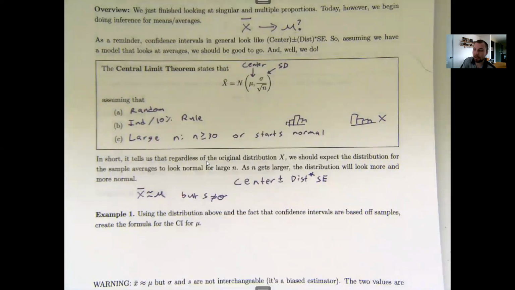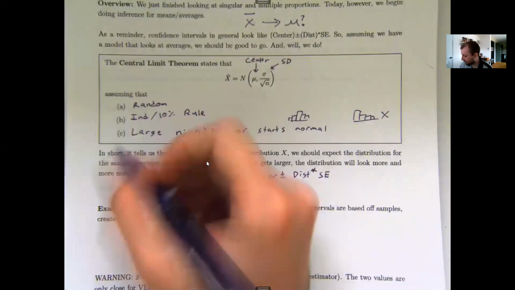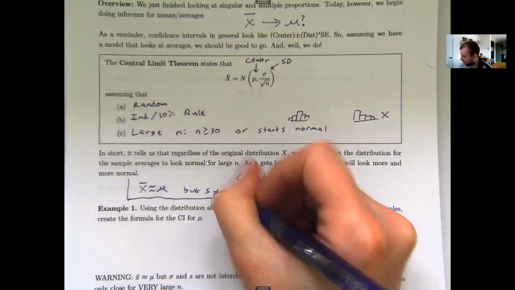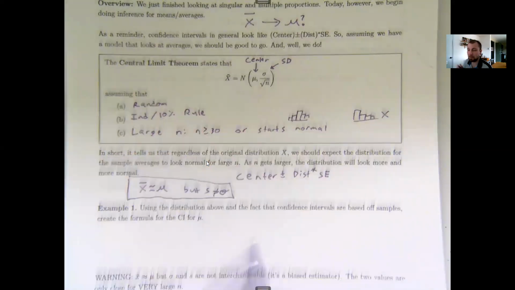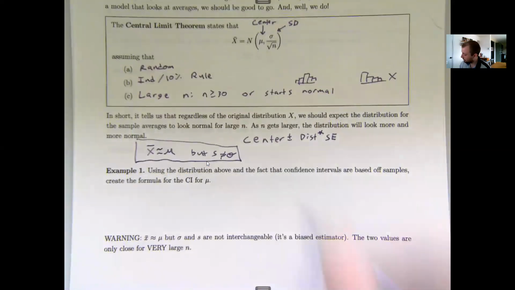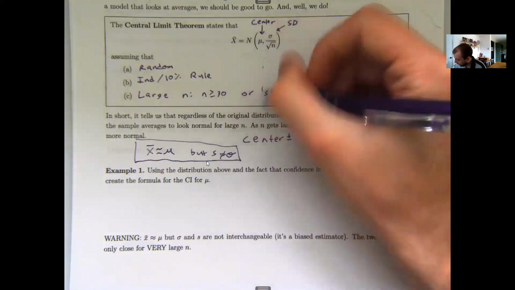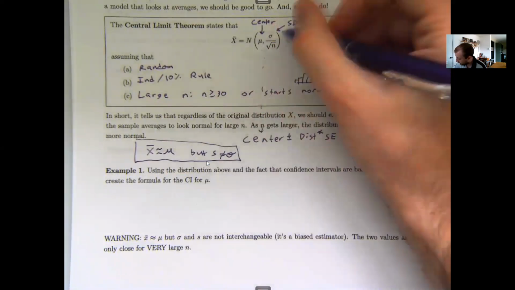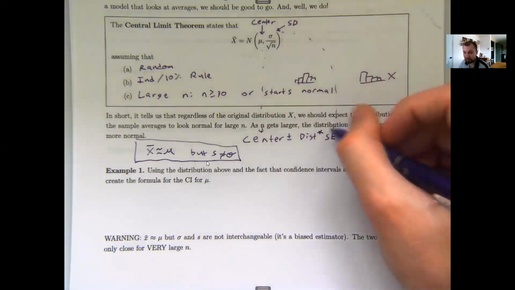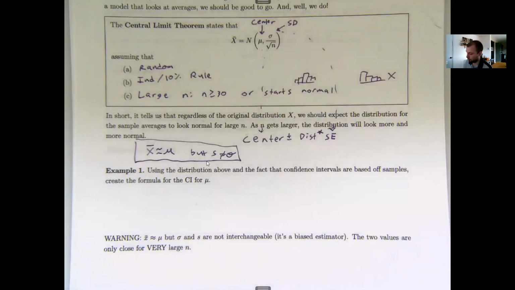So I'm going to keep that in mind when I do this next step. This seems like kind of a completely unrelated aside, but hang on, I'm getting back. So I'm going to take this distribution above, and I'm going to drop it down into my setup for my confidence interval.